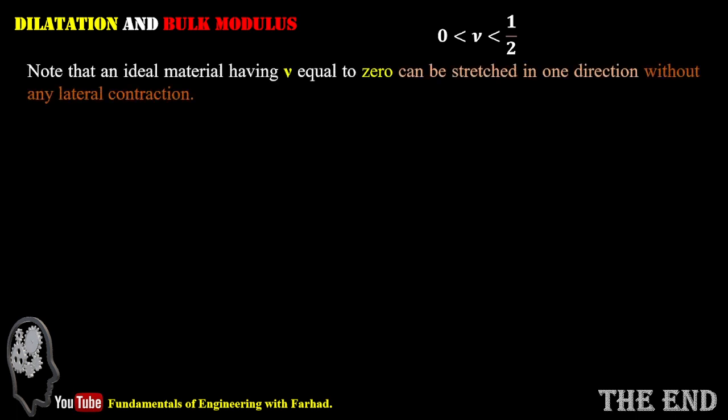Let's delve deeper into this equation. Note the ideal material having nu equal to 0. If we go by the lower limit, it says there is a material which can be stretched in one direction without any lateral contraction.